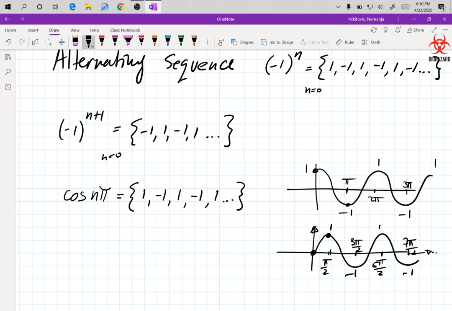So it is going to be sine of n pi over 2, and n must start at 1, because you can't have 0: 0 times pi divided by 2 is 0, and sine of 0 is 0, so that would not be alternating.